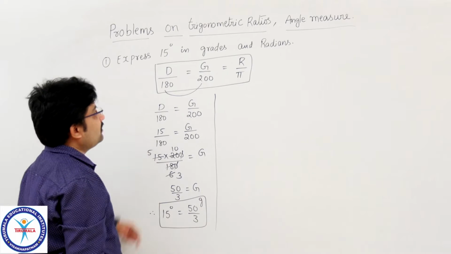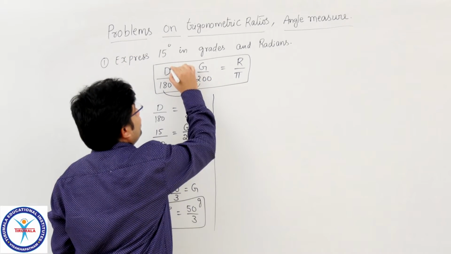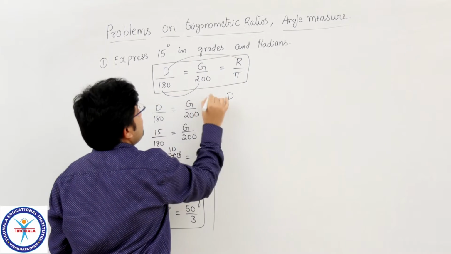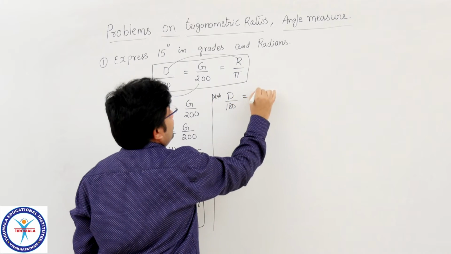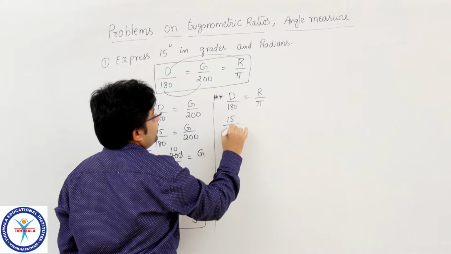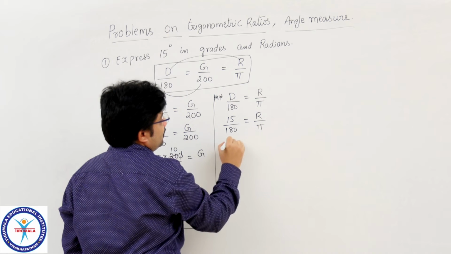Similarly, to convert 15 degrees into radians, we have to equalize these two. Degrees by 180 is equal to R by pi. 15 by 180 is equal to R by pi.